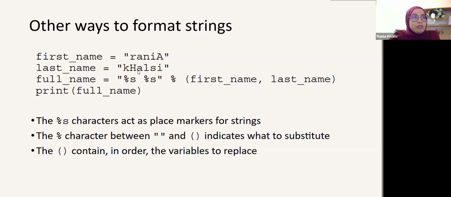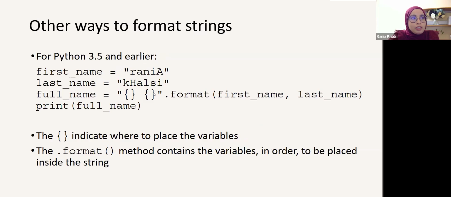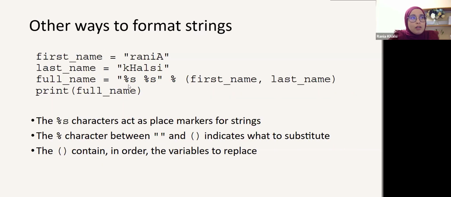Another thing that you can see is that instead of the previously seen curly brackets, here I am adding the percentage sign. I have percent s, then percent s, instead of these curly brackets that I just had in here. Actually, this percent s refers to the fact that the variable used is a string, s for string, keep in mind.